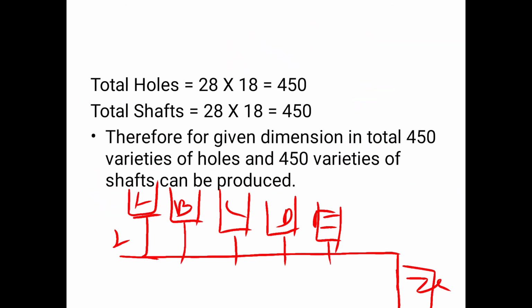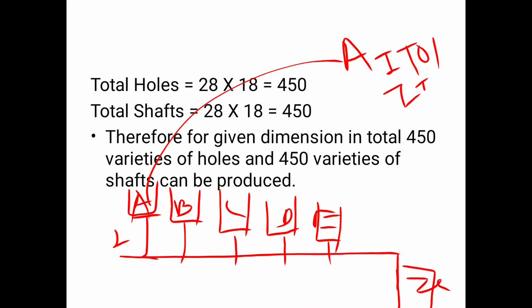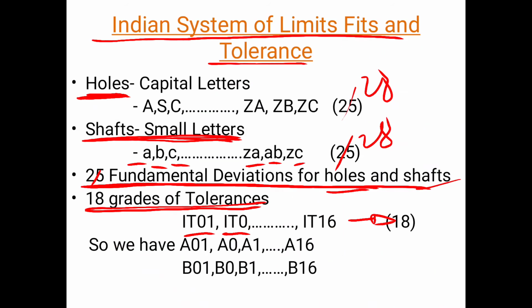Suppose hole type A is used, then for hole A there are 18 types of holes: A with IT01, IT0, IT1 up to IT16. Similarly for B, C, D and up to ZC.